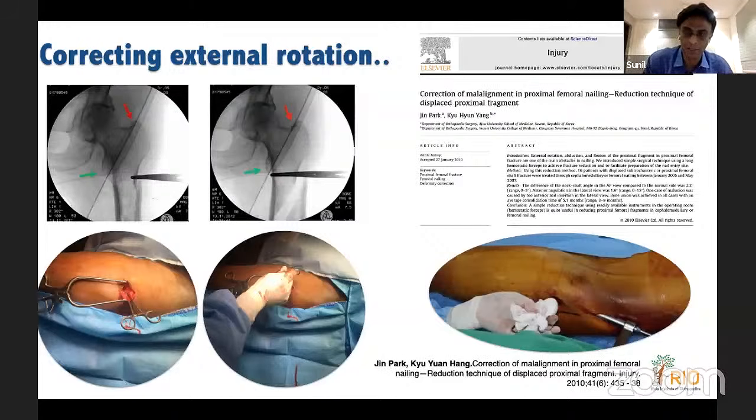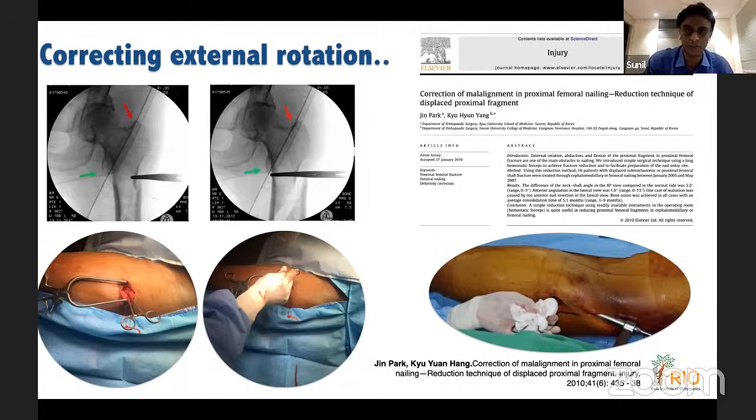They use an artery clamp, go through the vastus, slide the artery clamp over the proximal femoral fragment anteriorly, and then lever it into internal rotation. So the artery clamp uses the muscle attachments on the lateral side to bring about internal rotation of the proximal fragment that is externally rotated.